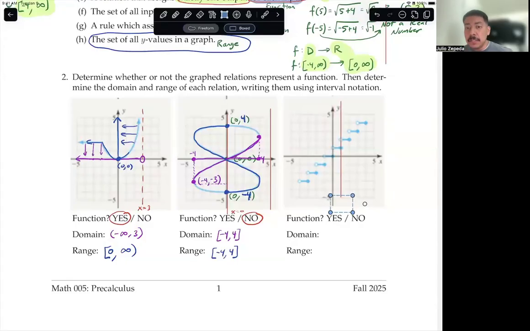And the answer is no. They are purposely shown to be one closed circle and one open circle, showing that the graph will cross at the closed circle, and it's not crossing the open circle. The open circle means that there is no point. We're not counting that point there as part of the graph. And so this vertical line will never touch 2 points on the graph at the same time.